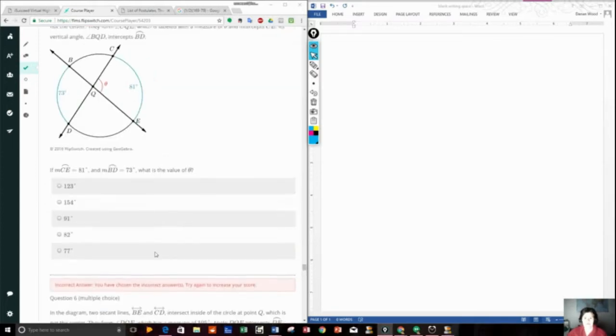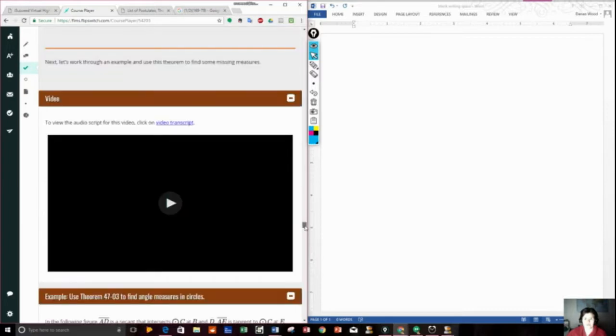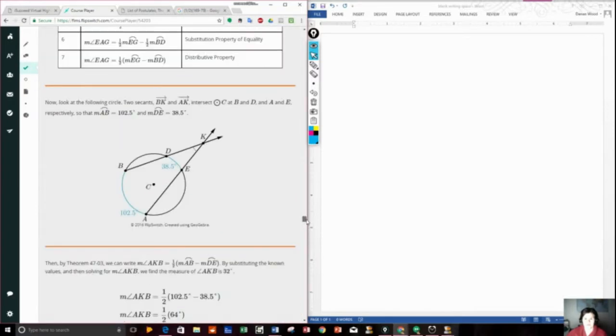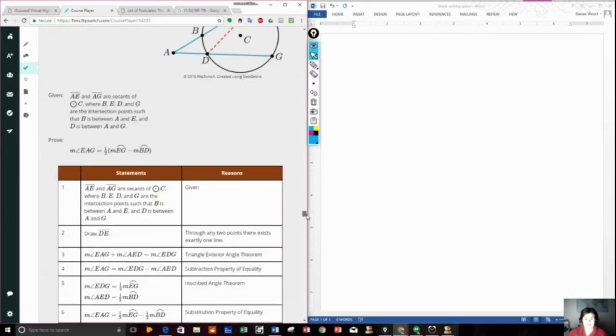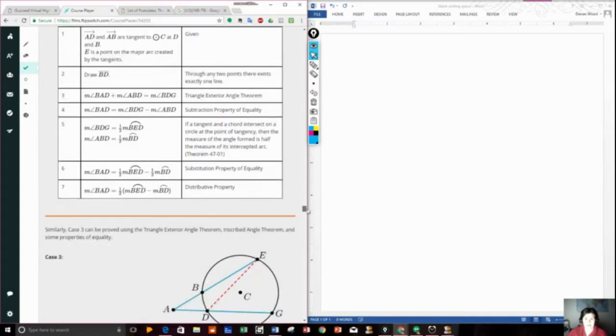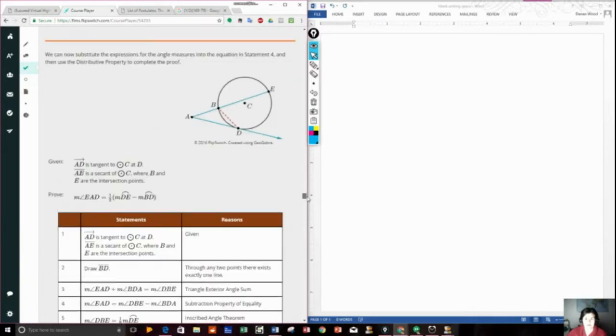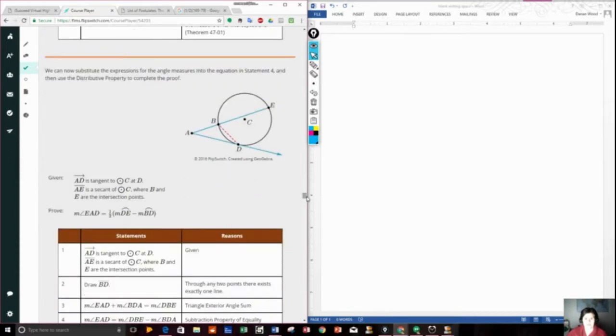And I would scroll up to the proofs above, because they have proven it already, and we want to find one that is drawn similar to what we have, which had a point of tangency, a secant line, and then they drew in that chord.